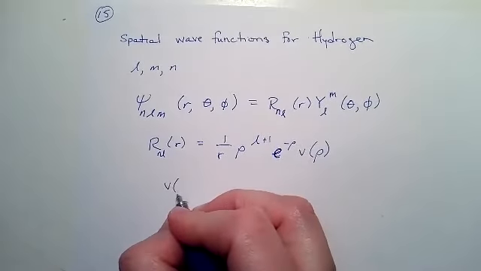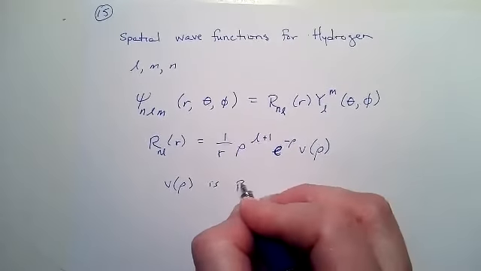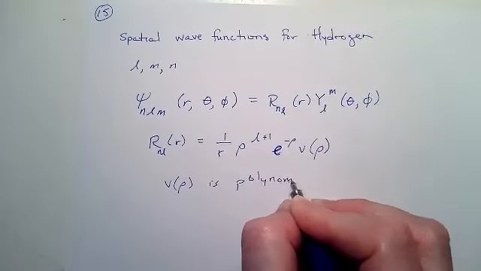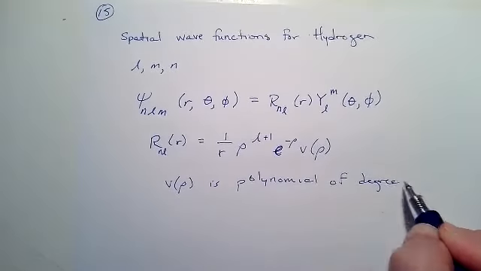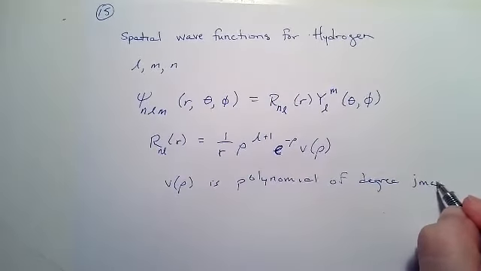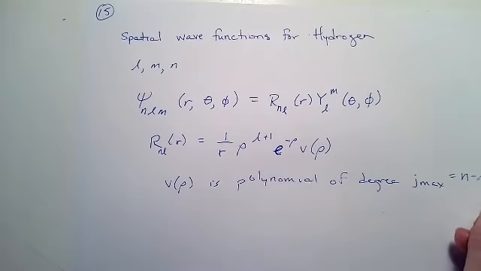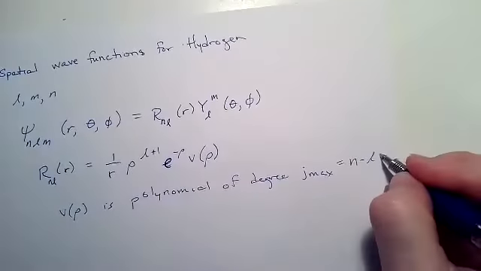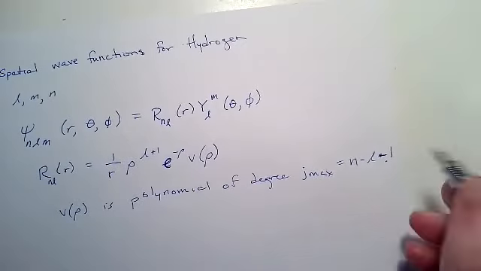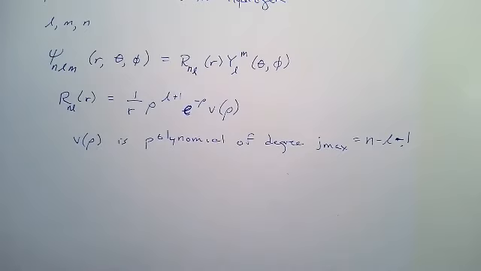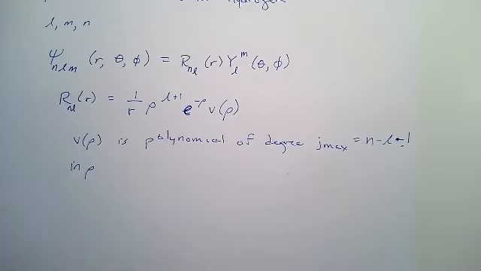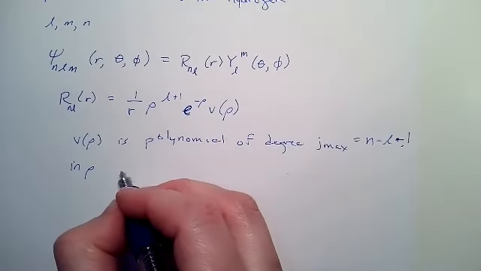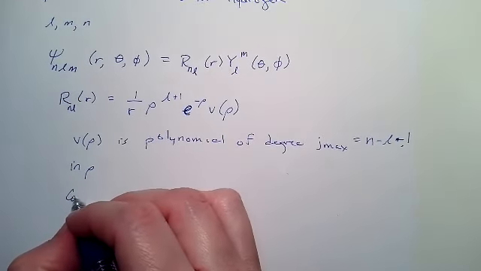And that function is a polynomial of degree n minus l minus 1. Hopefully that's legible. So it's a polynomial of this maximum degree, and it's a polynomial in rho. So the coefficients of that polynomial are given by the recursion formula.